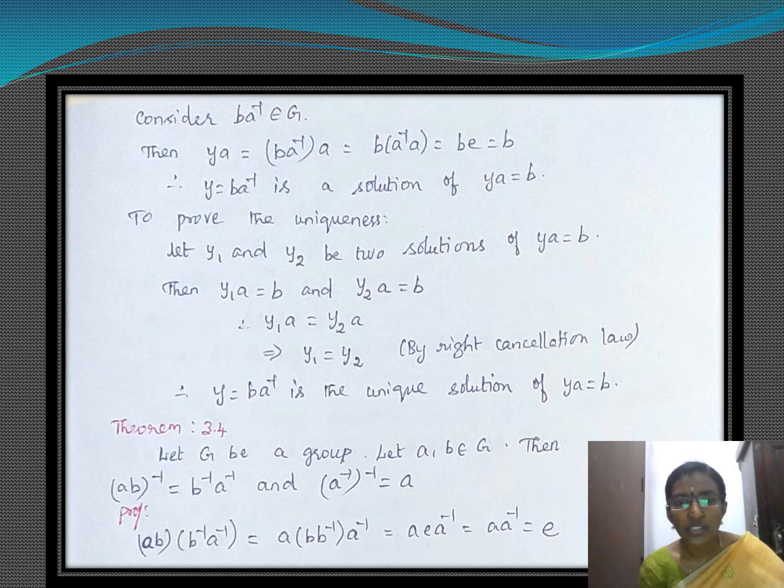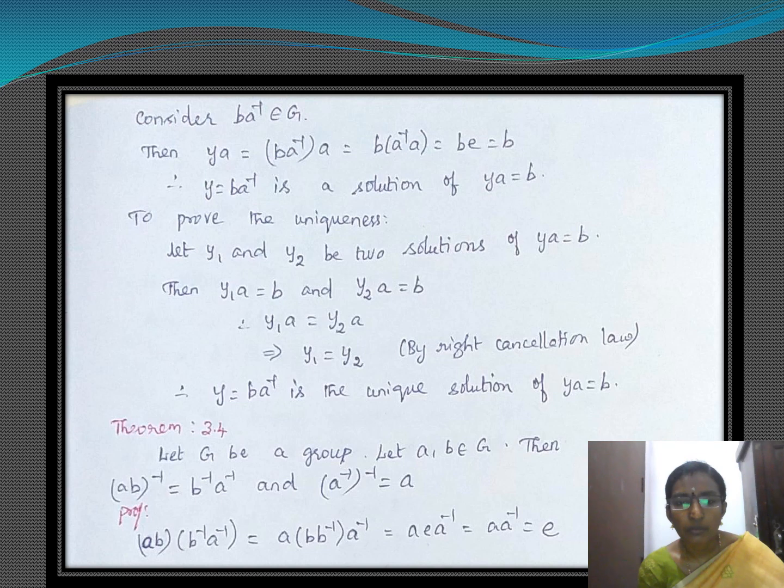For this, let me take two elements y1 and y2 as solutions of Ya equal to B. Then y1 A equal to B and y2 A equal to B. By using right cancellation law, we get y1 equal to y2. Therefore, y equal to B A inverse is the unique solution of Ya equal to B. Hence, we proved the property 3, that is theorem 3.3.